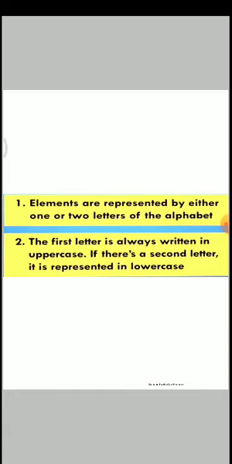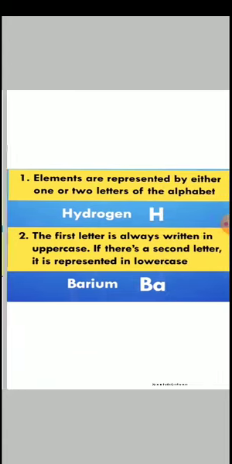So how is the structure of his symbols? First, elements are represented by either one or two letters of the alphabet. The first letter is always written in uppercase, meaning a capital letter. If there is a second letter, it is written in lowercase, that is a small letter.